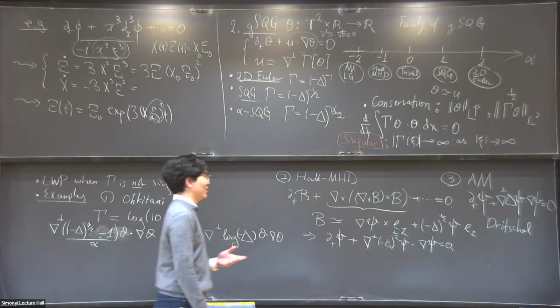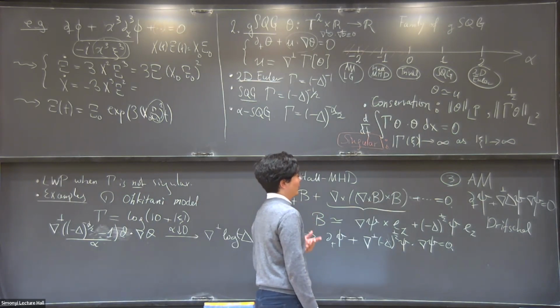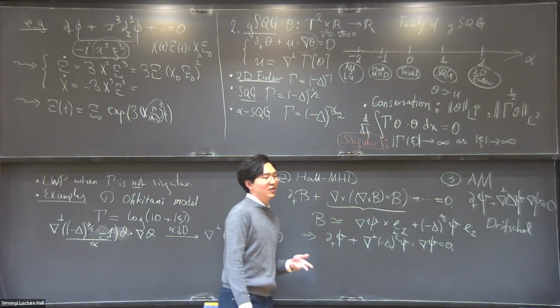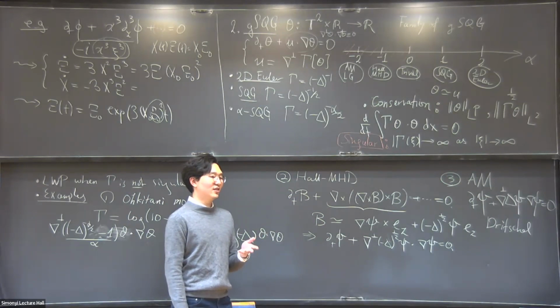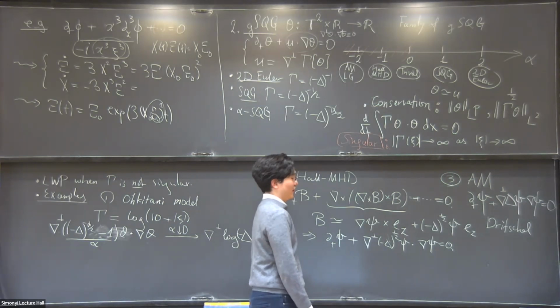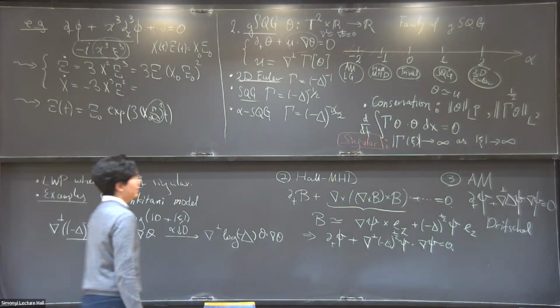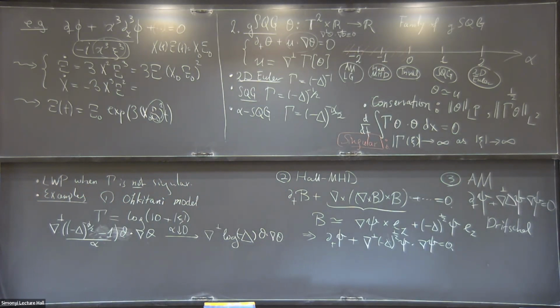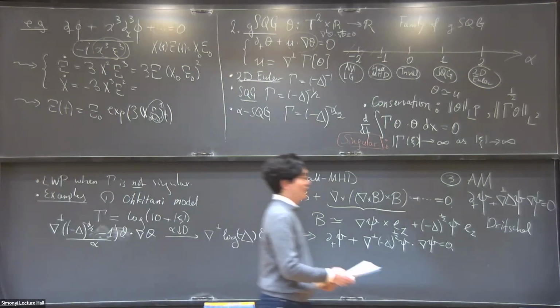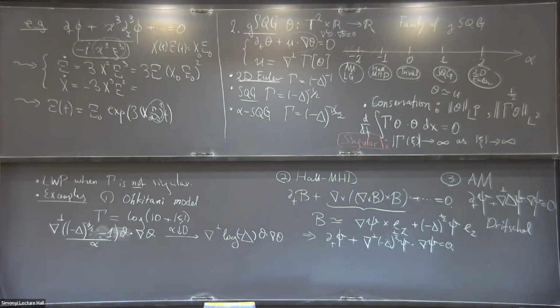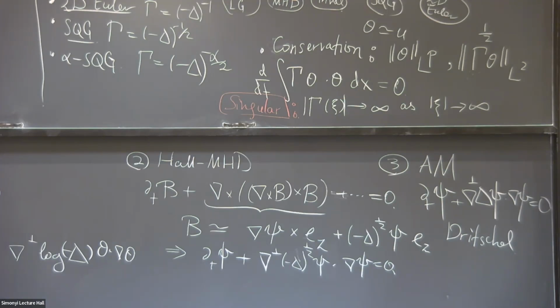And our ill-posedness results should be able to give enhanced dissipation for the physically correct dissipation equations. So let me briefly write down our main theorem, which I already told you.